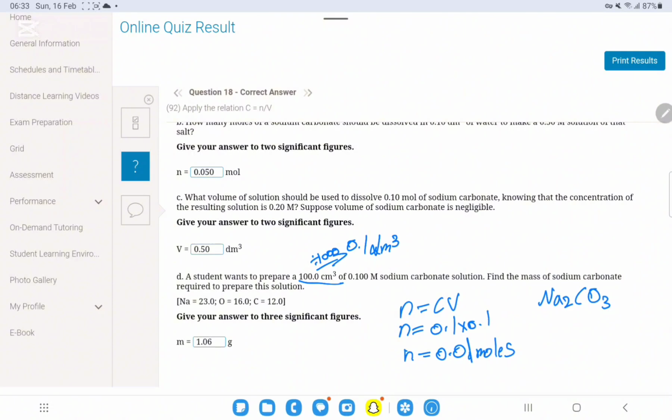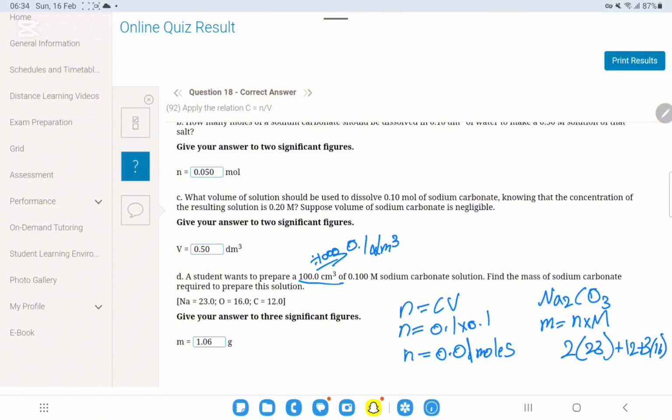And we want the mass, so M equals N times molar mass, capital M. Molar mass: 2Na, so Na is 23, 2 times 23, plus C is only 1, so 12, plus 3 times the molar mass of oxygen, 16, 3 times 16.